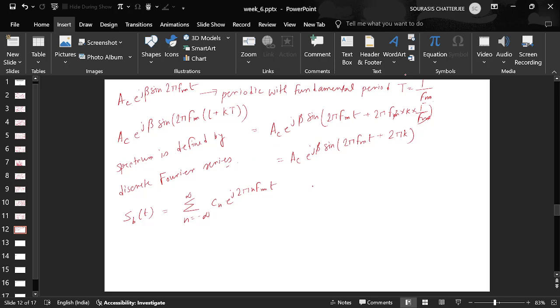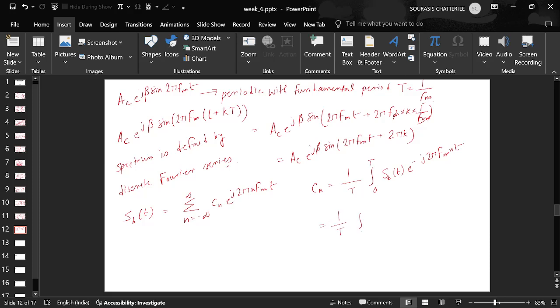And how do you obtain the value of Cn here? Basically you need to integrate with respect to one fundamental period, 0 to T, of sb(t) e to the power minus j 2 pi fm n t, right? Now you replace the expression of sb here.